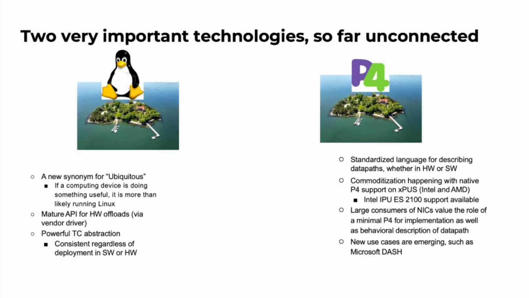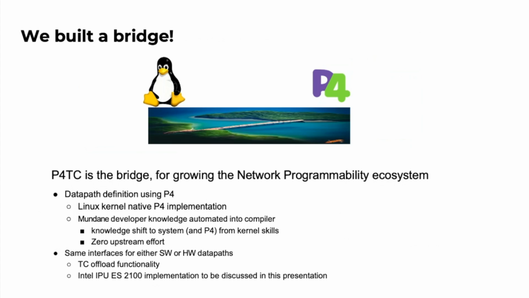Some of these use cases are enabled through the Microsoft DASH, and I think we have a presentation on that today also. But so far, these two very important technologies remain unconnected, and we try to build a bridge. And P4TC is that bridge for growing this network programmability ecosystem.